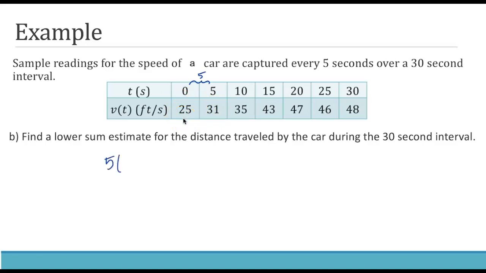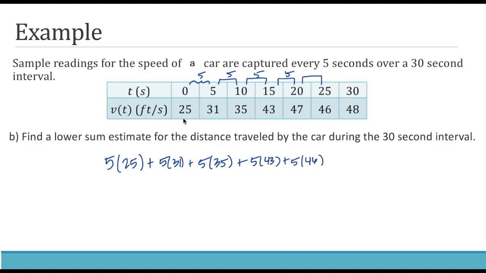So I'm going to have 5 times 25 plus here 5 times 31 plus 5 times 35 plus 5 times 43 plus 5 times 46. And then the last 5 is also multiplied by 46.